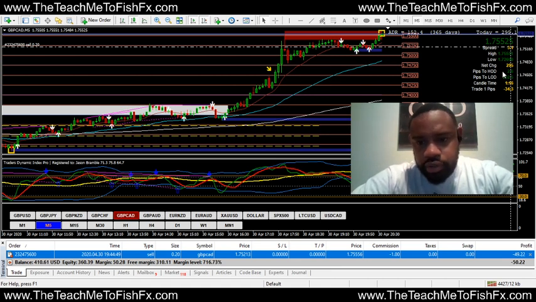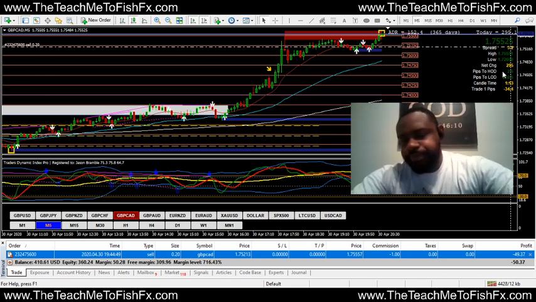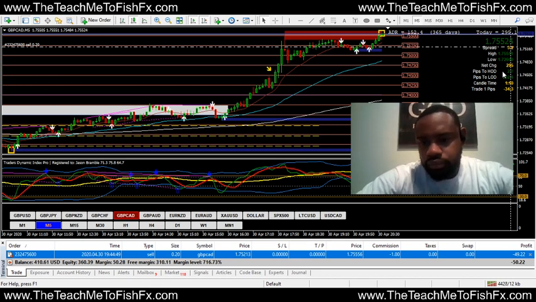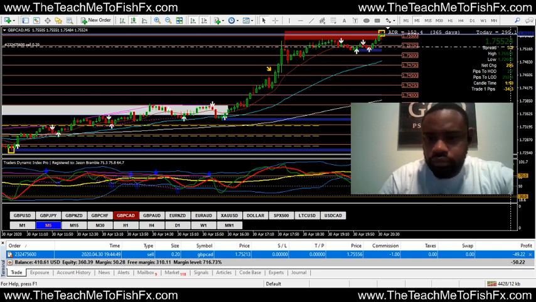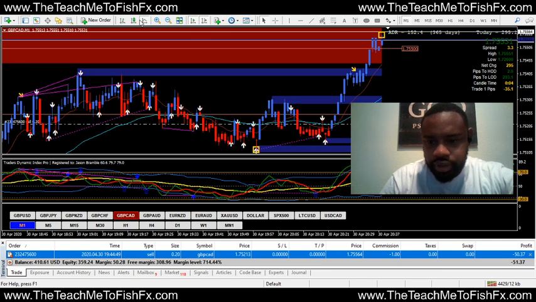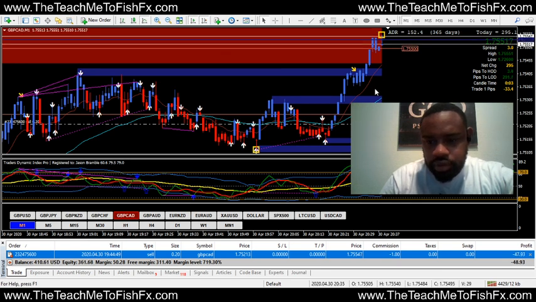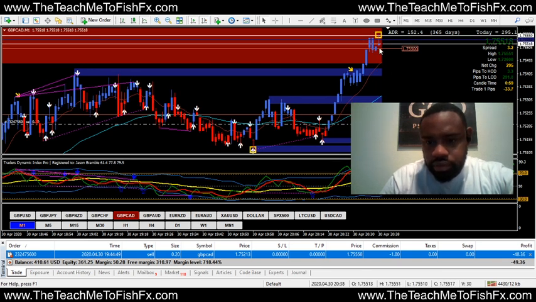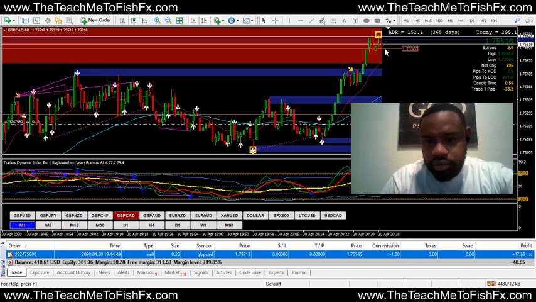Welcome to the stream. Let's see that 1 minute. Yeah, 1 minute is dropping. 1 minute gave us this doji. We'll see if this high gets taken out.